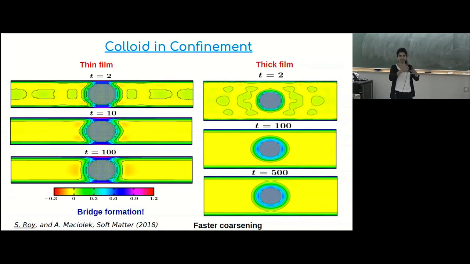So then you will have aggregates of colloidal particles forming. Whereas in the case of a thick film, you don't have the bridge, so there is no capillary attraction. So this mechanism will not be present for the thick film. So one can tune it to form some kind of colloidal aggregates and cluster formation under confinement.